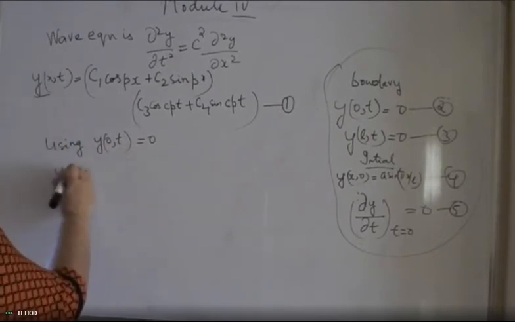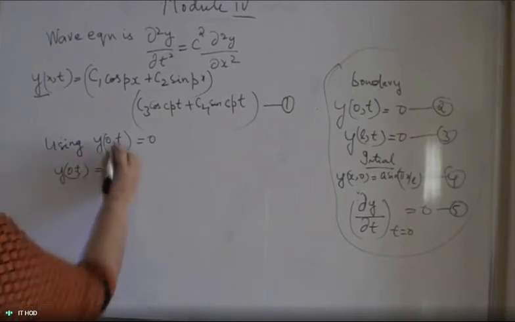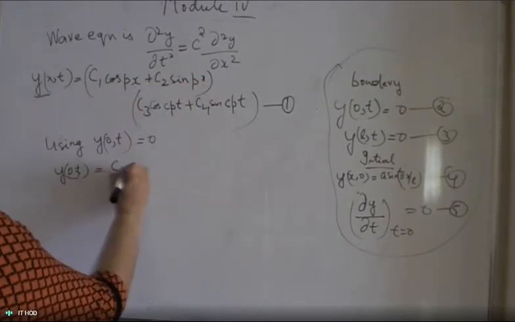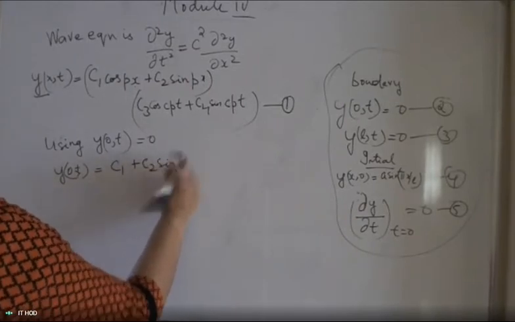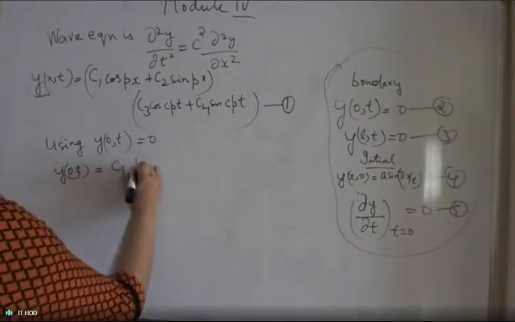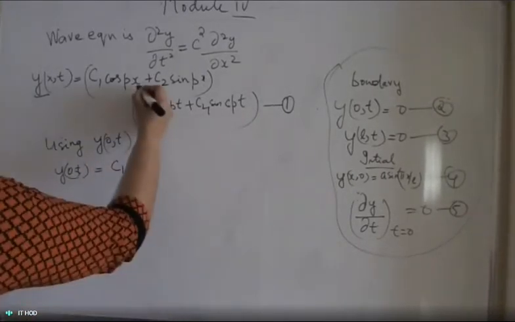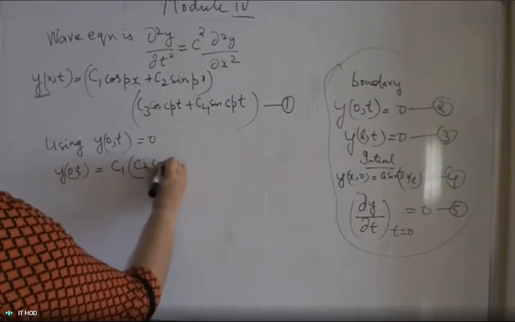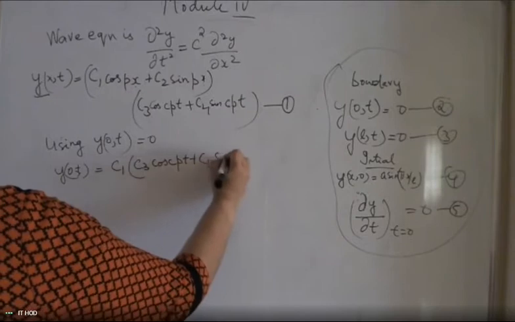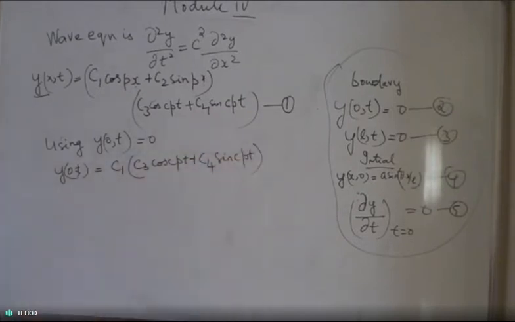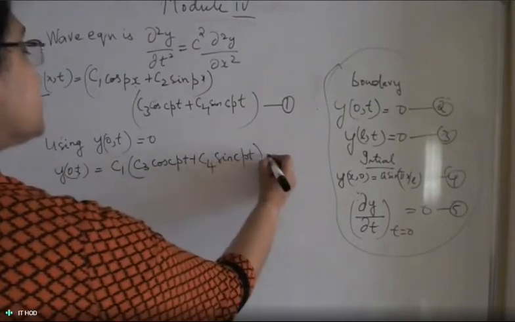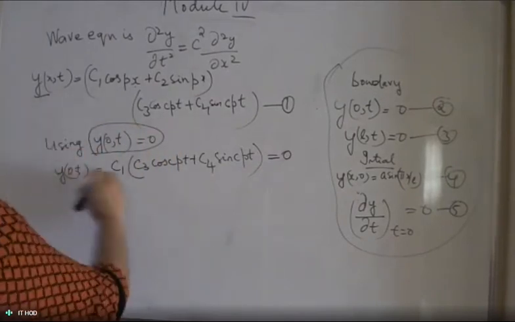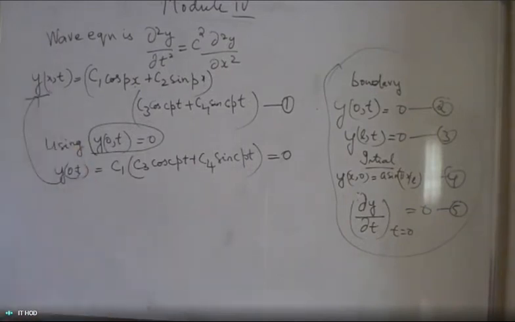You will get y(0,t) equal to (C1 plus C2 sin 0) into (C3 cos cpt plus C4 sin cpt), and this is equal to 0, because we are using this boundary condition here. Now we got it like this.